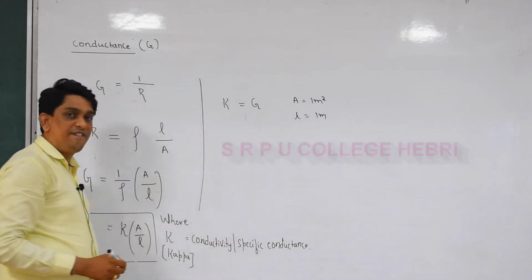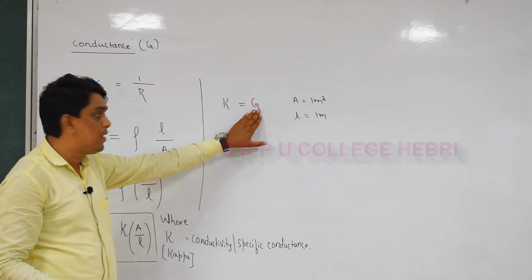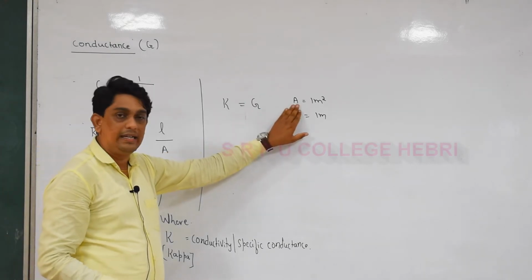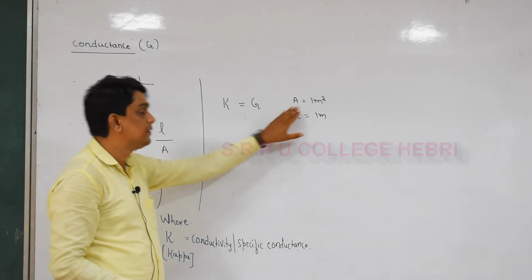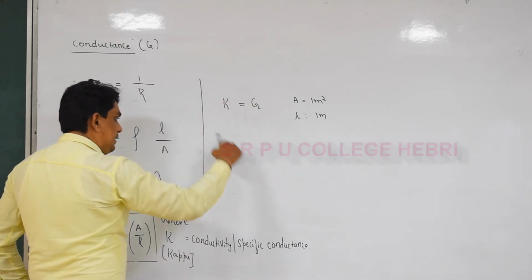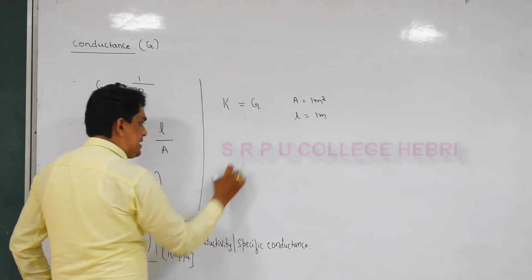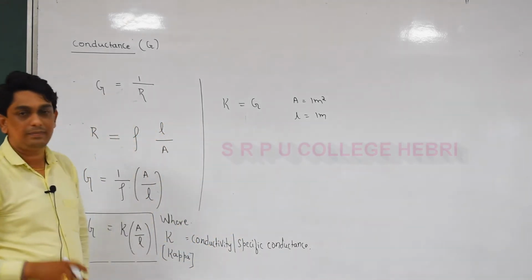So we are defining conductivity as conductance in the material of length 1 meter and area 1 square meter.